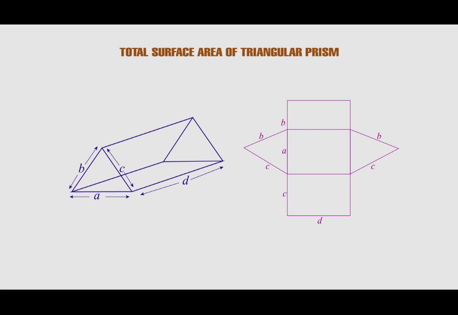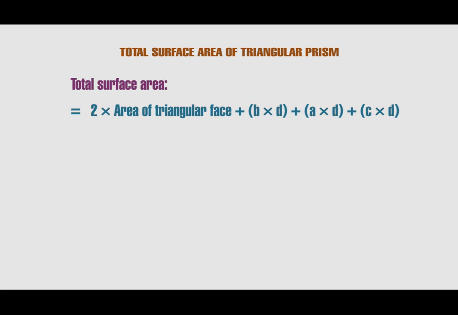The rectangular faces, as you can see, will be b multiplied by d plus a multiplied by d plus c multiplied by d. And you can simplify that to 2 multiplied by the triangular face plus, you can factor d out, and you have a plus b plus c.